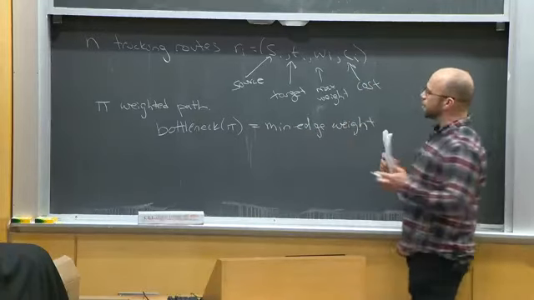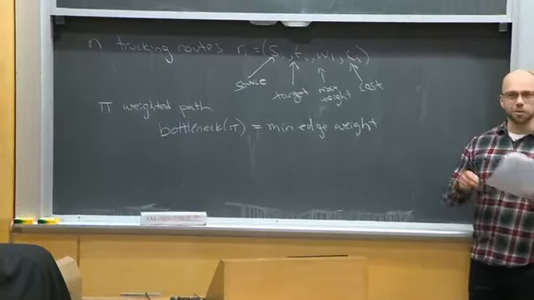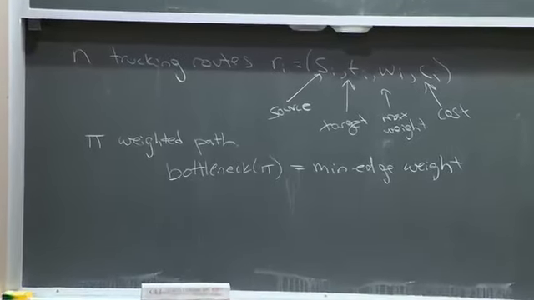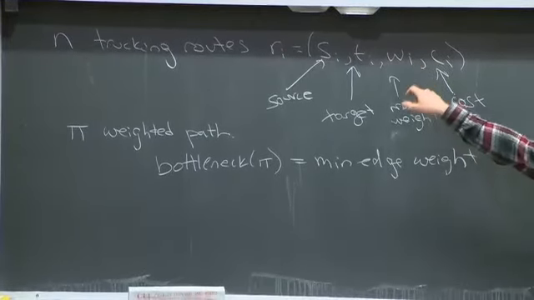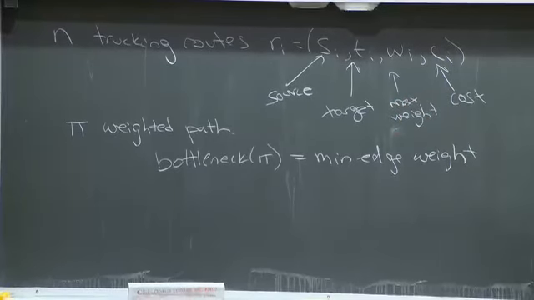And to make sure that we see how this is connected to the problem, if I'm trying to ship a server and I have to put it on truck 1 and truck 2 and truck 3 and truck 4 and truck 5, obviously of those 5 trucks, the one whose capacity for weight is the smallest is the only one that matters in terms of the heaviest thing that I can ship.